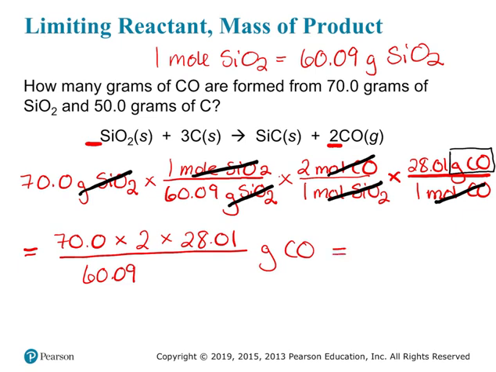Okay, so let's plug that into our calculators and figure out how many grams of carbon monoxide could be produced if all of the silicon dioxide reacts. So 70 times 2 times 28.01 divided by 60.09. We get 65.23548, etc. But how many sig figs should our answer have?